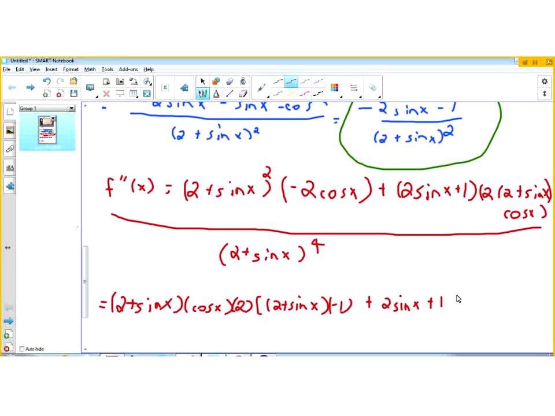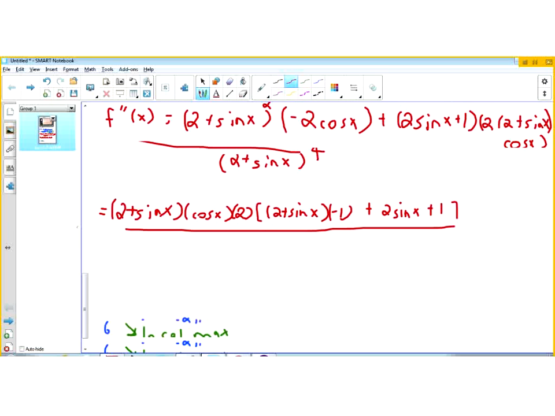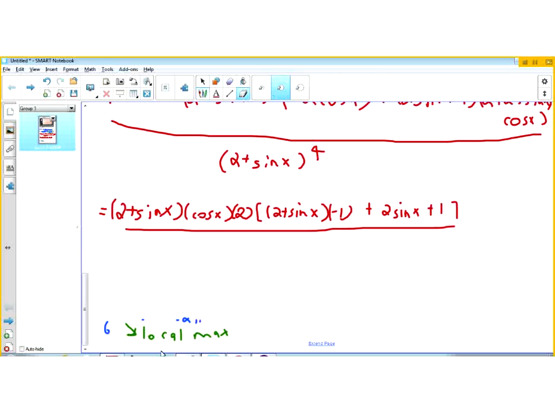Divided by, so it doesn't look too painful, assuming I did it right, 2 plus sine x to the fourth.